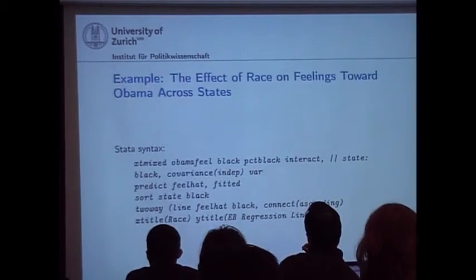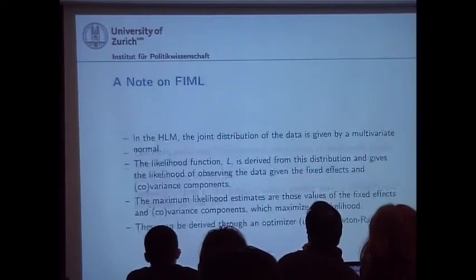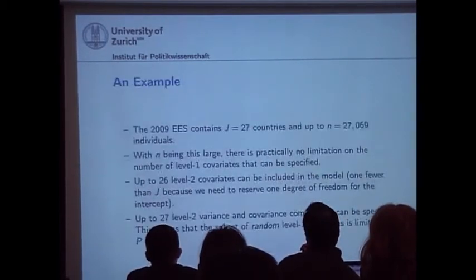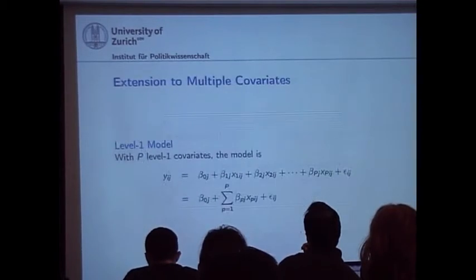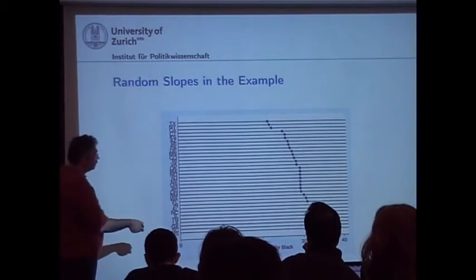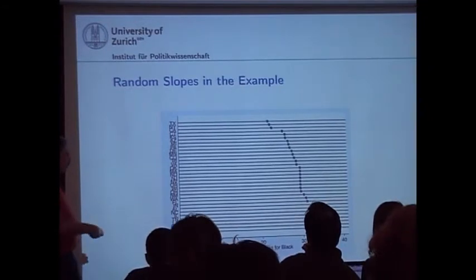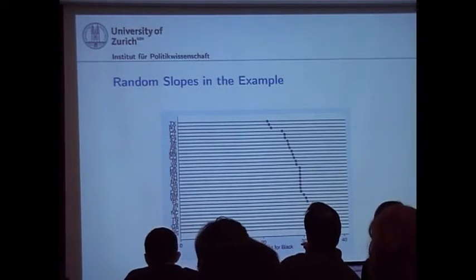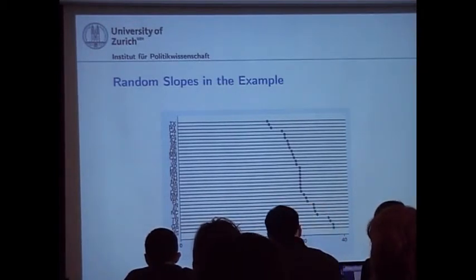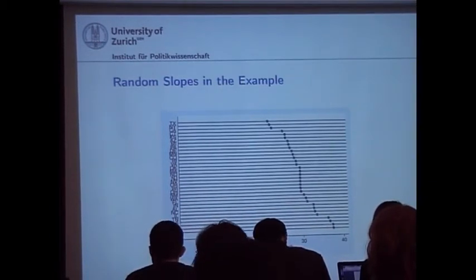What I would put in a paper as an exploration of the random effects is something like this, where you can really say, okay, how does this effect of race vary across the states? That, I think, is a more useful picture, especially if you also have a picture like that for the intercepts. Then that helps.